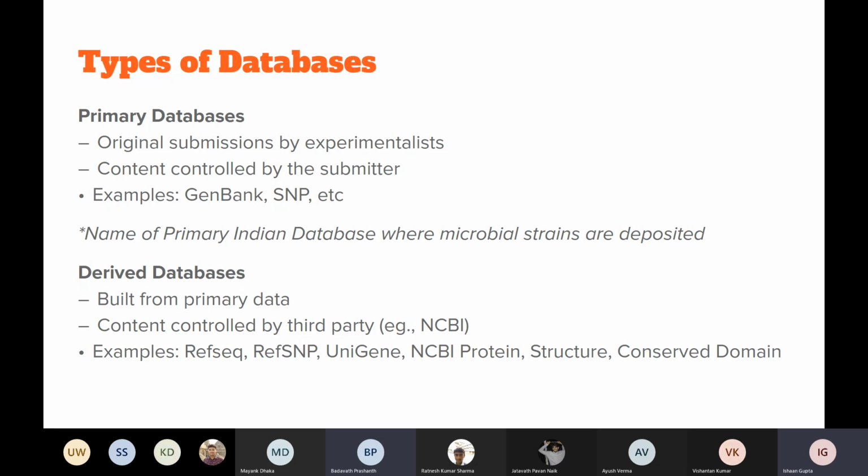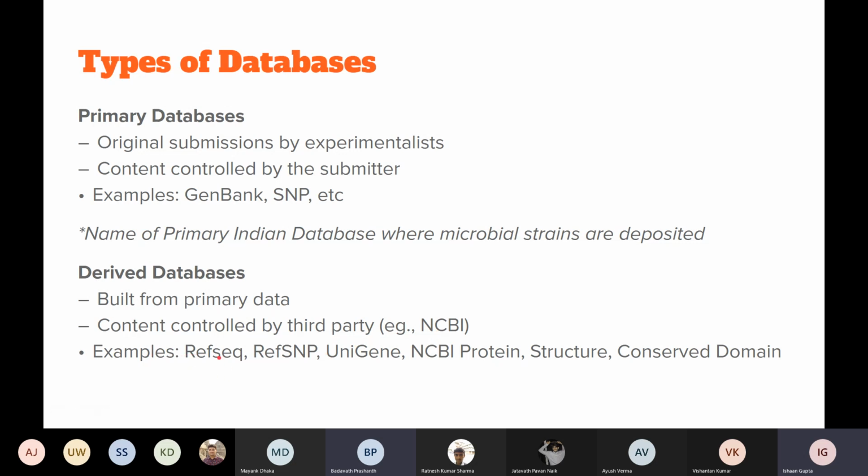For example, if you submit some data as a primary experimentalist, somebody sitting in the US might analyze that data and come up with certain information about it, but that can also be bogus information. So particularly these kinds of databases are controlled by a third party, for example, the NCBI. And there are examples of this.